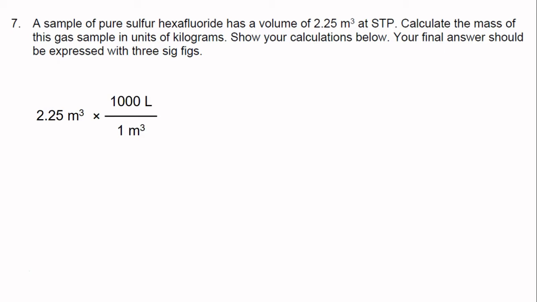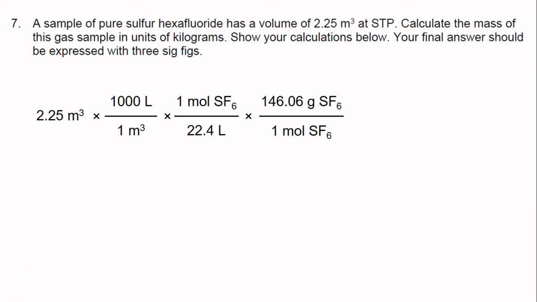Now we can go from liters to moles because we're at STP, standard temperature and pressure, 22.4 liters in 1 mole of sulfur hexafluoride. Using the information on the periodic table, we can get the molar mass of sulfur hexafluoride, which is 146.06, and then finally going from grams to kilograms, there's 1,000 grams in 1 kilogram. If we do this math and round off our answer to 3 significant figures, we get 14.7 kilograms.